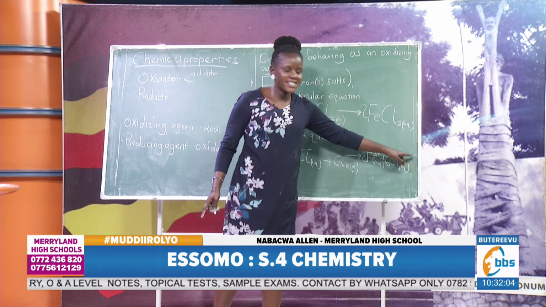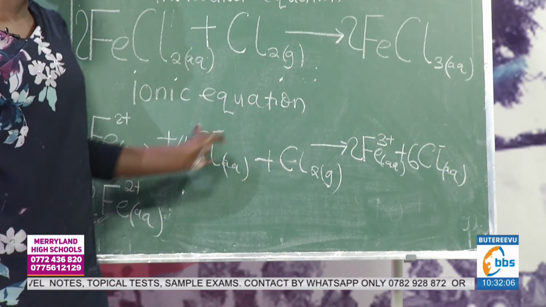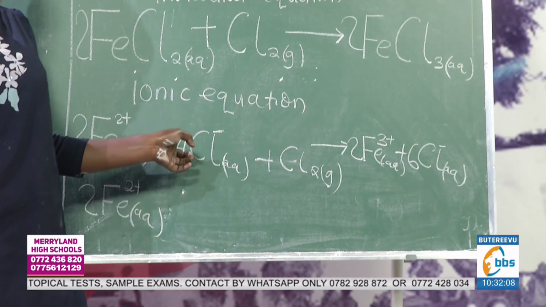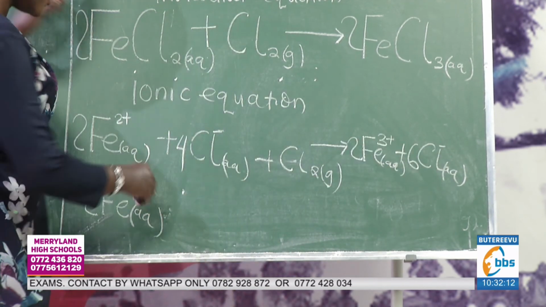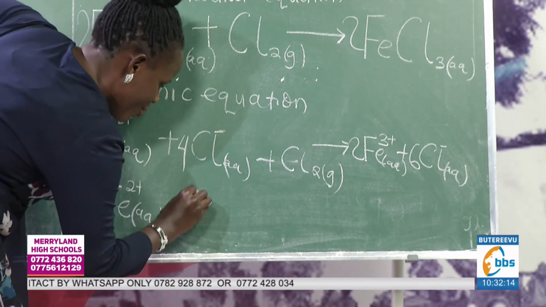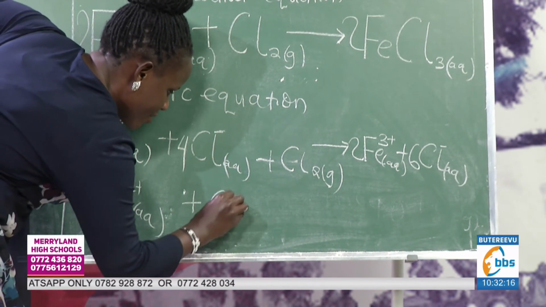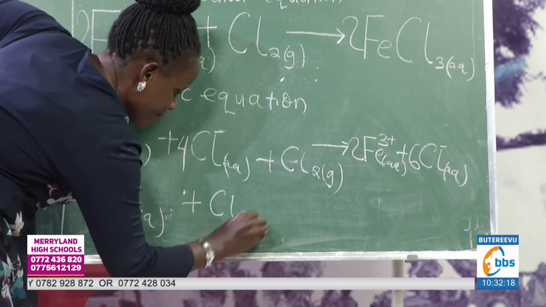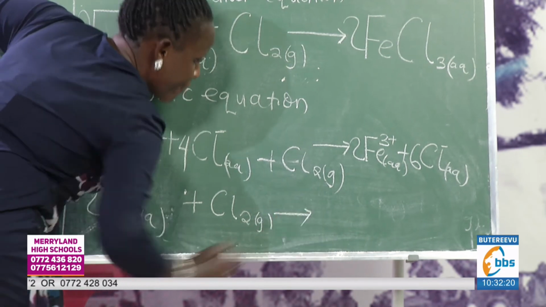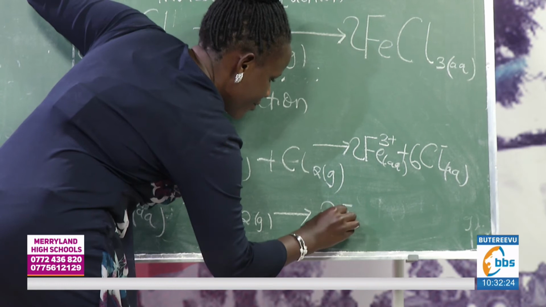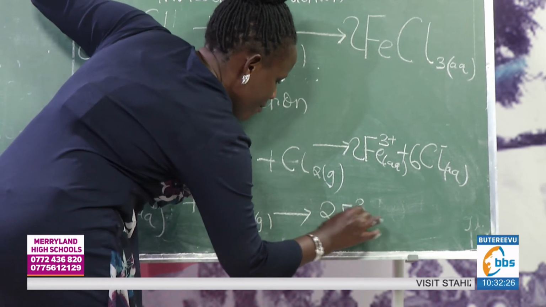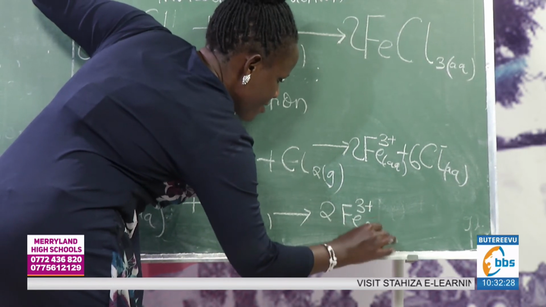Okay, when I take it the other side, it means that now here it will cease to contain the positive charge. It will have now a negative charge. Therefore, it means that this side here I will remain with my chlorine, giving me iron 3, aqueous.